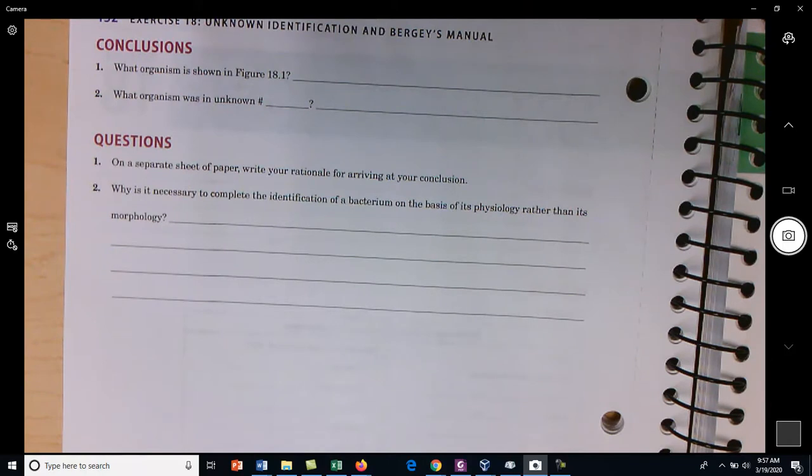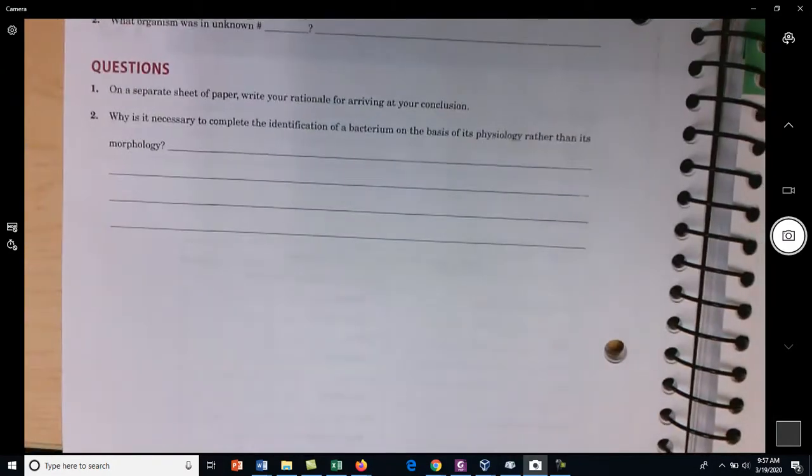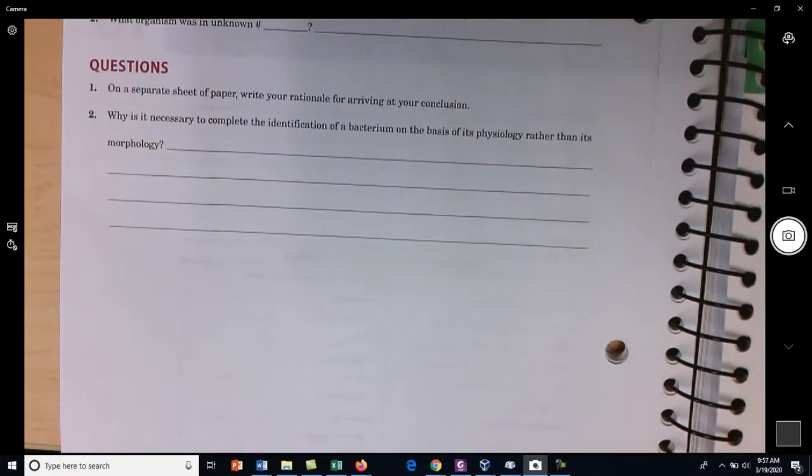And then on a separate sheet of paper, actually down below, you can do this here. Then you want to write the rationale for your conclusions. And then you want to write why is it necessary to look at the physiology based on this particular lab rather than just morphology, and why that's necessary to distinguish between the variety of bacteria that we've been studying.